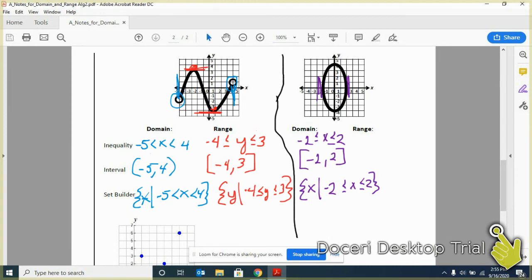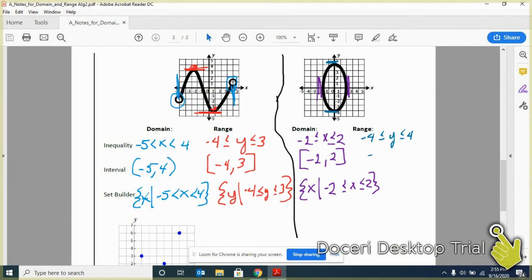My range, and again, if you haven't done it yet, pause it. From here to here. So it looks like it's from -4 to 4. My y, and again, equals 2.